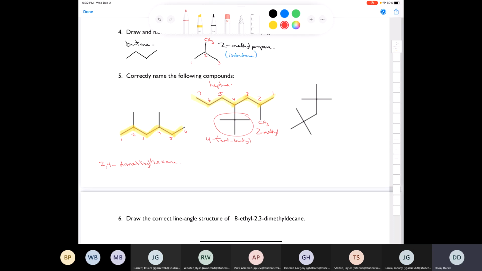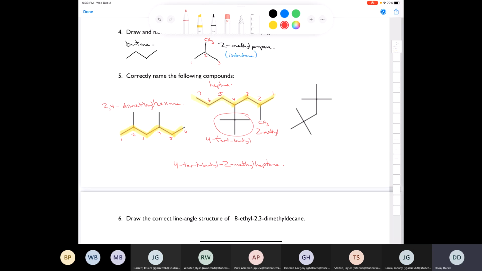Remember that we ignore all prefixes except iso, cyclo, and neo. And so butyl is going to come before methyl. That means when we put all of this together, I'll just move this one up here. That's going to give us 4-tert-butyl-2-methylheptane.